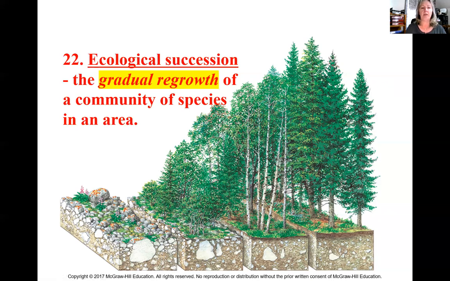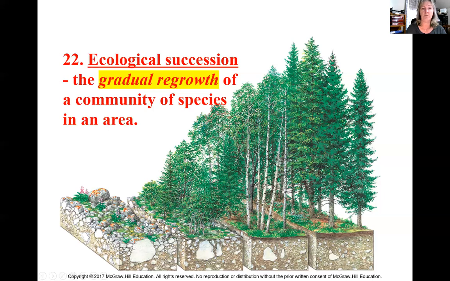So initially, if you've got these low growing weeds and grasses and plants, you're going to have certain animals that will live there that can be supported by that kind of food source and resources. Once you get little small shrubs and stuff, you may even get more animals.